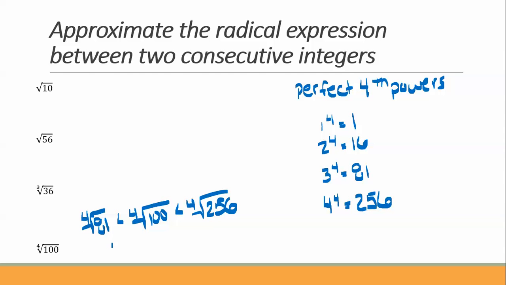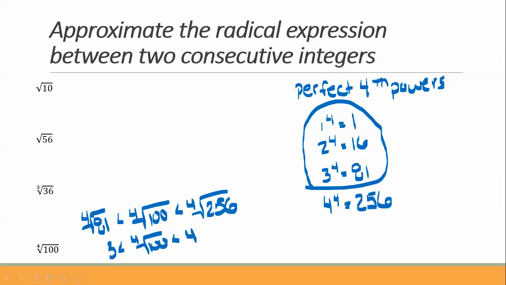The fourth root of 81, when we evaluate it, is equal to 3, and the fourth root of 256 is equal to 4. So the fourth root of 100 is between 3 and 4. Again, it's much closer to 3 than it is to 4. You really should just know 3 to the 4th, especially because I messed up on 4 to the 4th. So those are the perfect powers you should know for the fourth powers.